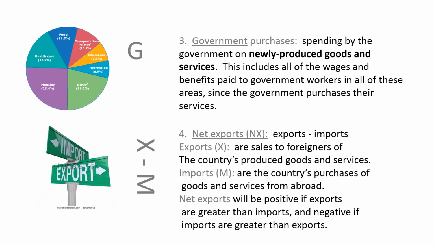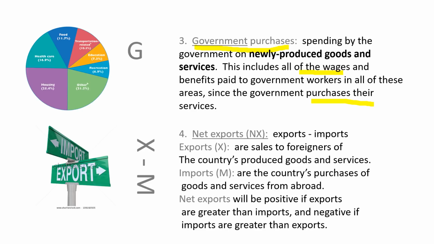The third component is government purchases. It is spending by the government on newly produced goods and services. This includes all of the wages and benefits paid to government workers in all of these areas, since the government purchases their service.